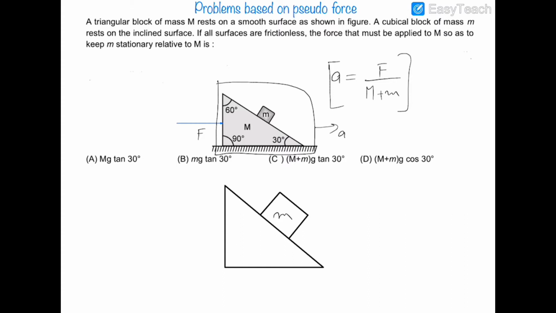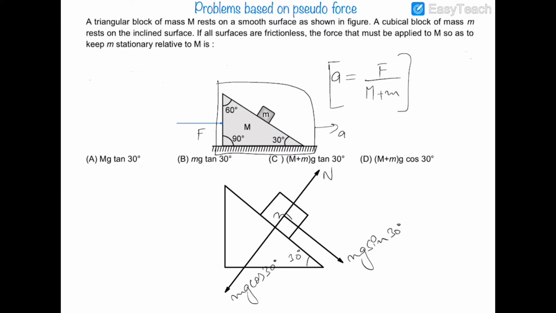There will be a normal reaction acting like that. This is N. Now a force of mg sin theta will be acting like that. This is mg sin theta, and theta is 30 degrees. This one is mg cos 30.